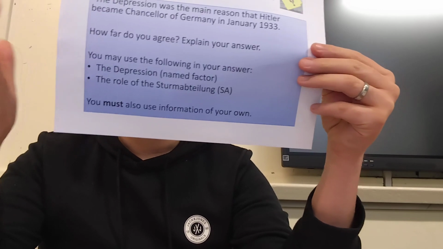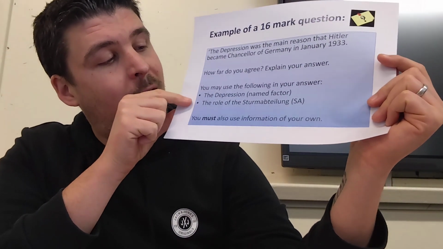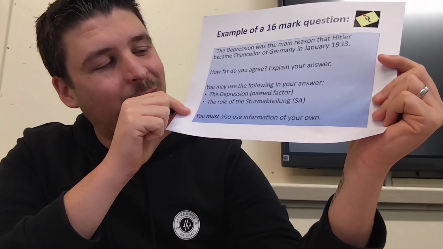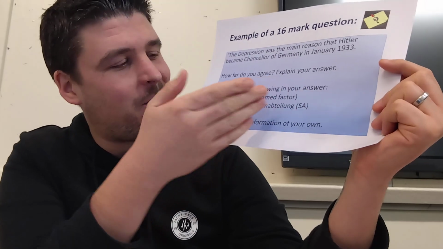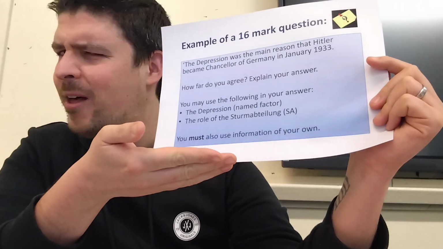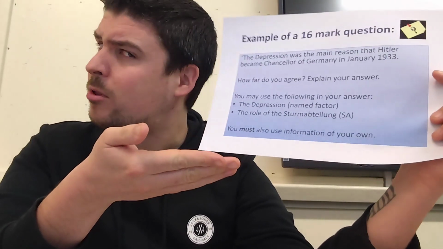Now, first thing, you know this already, I'm preaching to the choir, but the first thing you notice about the 16 markers for these questions is you get these two moderately helpful bullet points down here. I say moderately because it says here, you may use the following in your answer. Well, the first bullet point is always the thing that's been mentioned in the question. And it's like, well, of course you're going to talk about that in your answer. Otherwise, you're not answering the question.